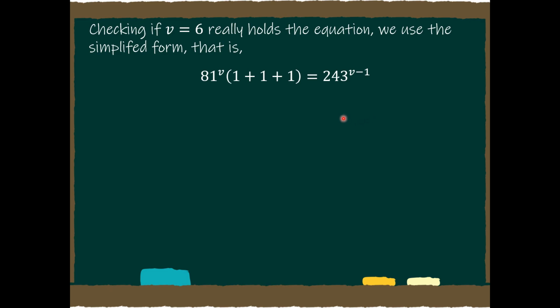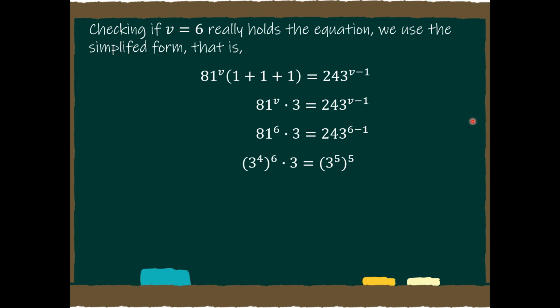We don't have to get the sixth power of 81 because that is too large. What we have is to find out if both sides of the expressions will hold if v is replaced by 6. So here we replace v by 6, then express both sides of the equation into powers of the same base.